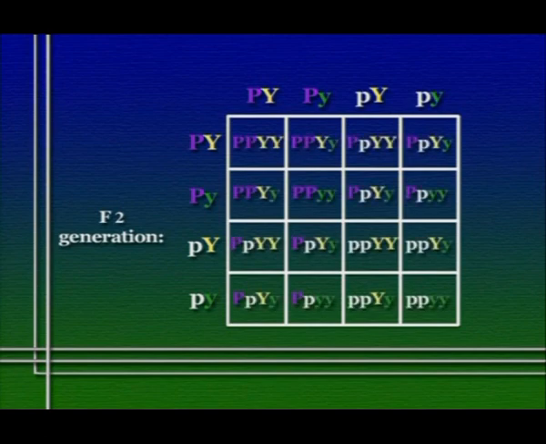We'd need to have 4 rows and 4 columns, and we would have 16 cells. And we could do the same thing we did last time. We could figure out what all of the possible combinations of these alleles are when diploid zygotes are formed. In other words, we would have 16 cells that represented all the combinations of genotypes produced when these alleles are combined.